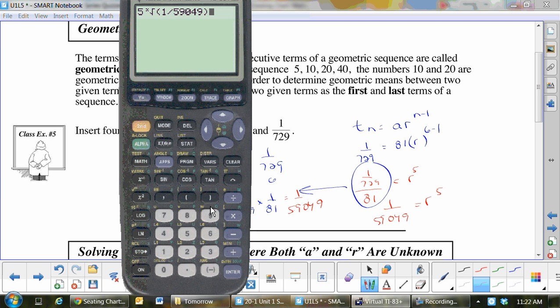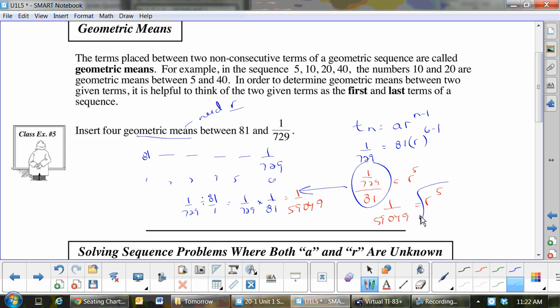You hit enter, and then you can hit math, enter, enter, and you get 1/9. So just to reiterate, I said take the 5th root of both sides, and you'll get 1 over 9 equals r.